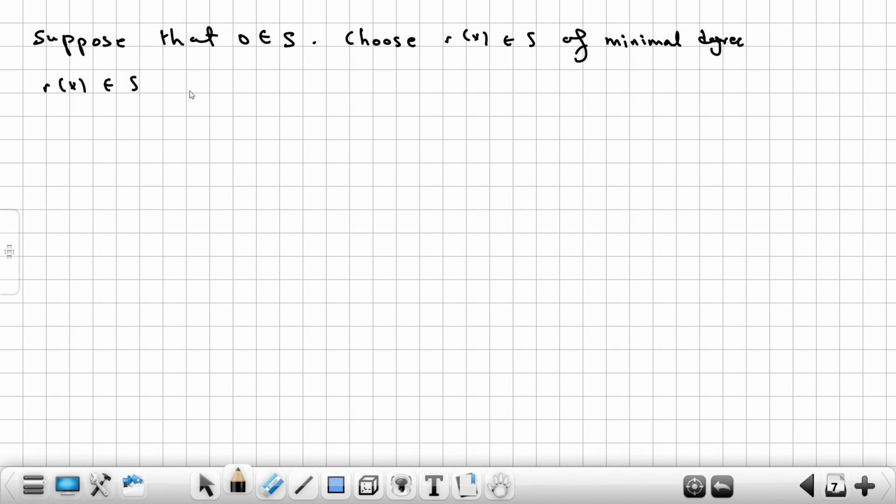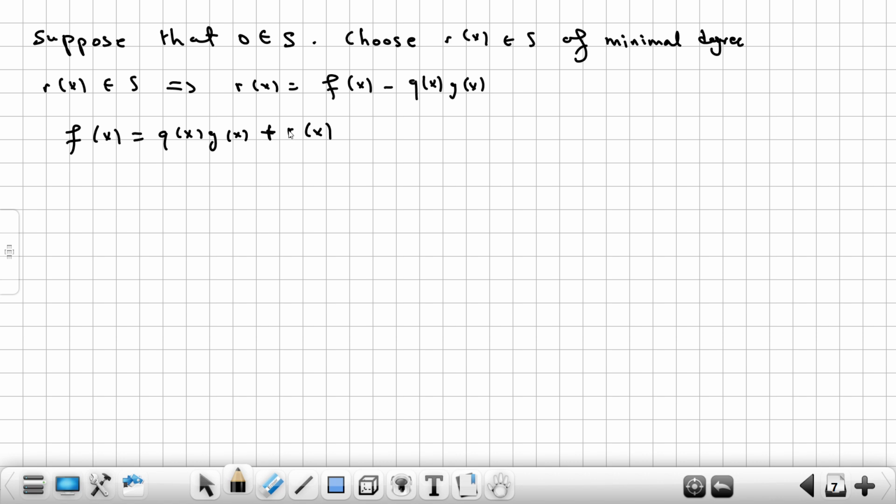Now r of x is in S, so r of x is equal to f of x minus h of x dot g of x. I will call h, q here. Okay, so that's the definition of S. r of x can be written as f of x minus q of x dot g of x. This is equivalent to saying that f of x is equal to q of x g of x plus r of x.